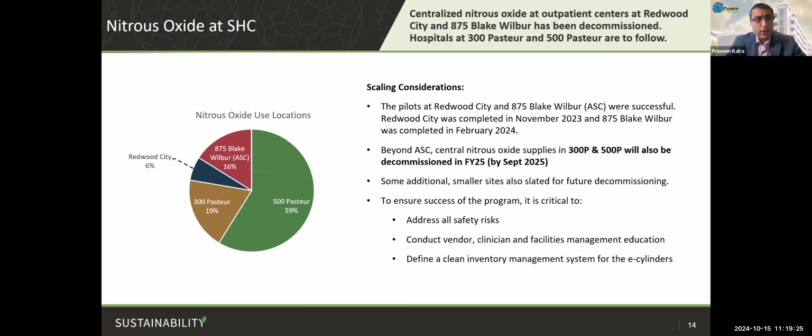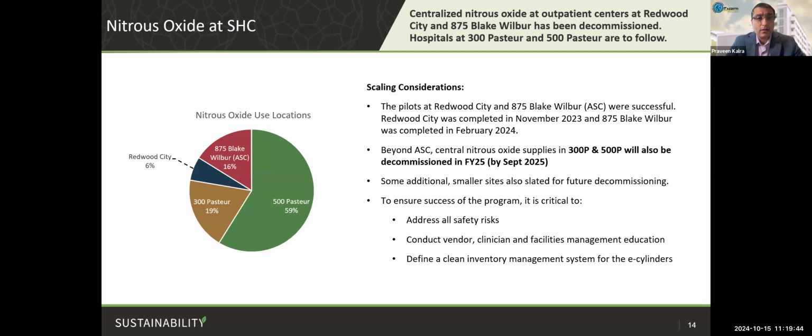So we took the next step by using Slicer Dicer to look at where we are using nitrous oxide. For reference, of these 4 hospitals, 500 Pasteur Drive is our latest hospital. It has almost 40 plus operating rooms. 59% of nitrous was being used in that hospital.